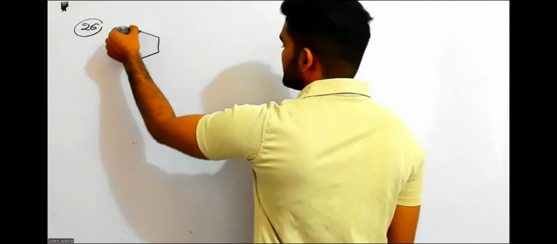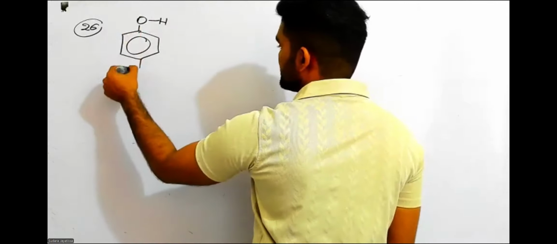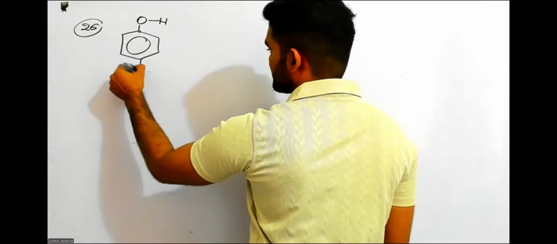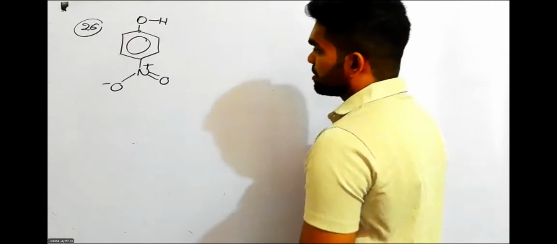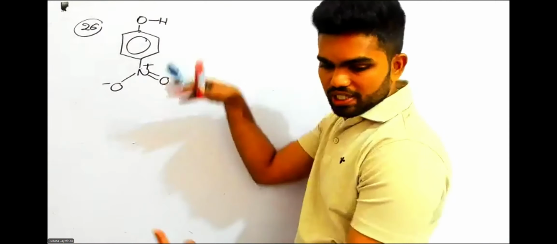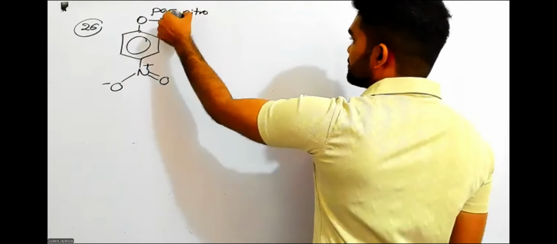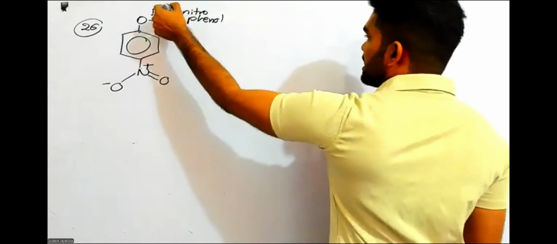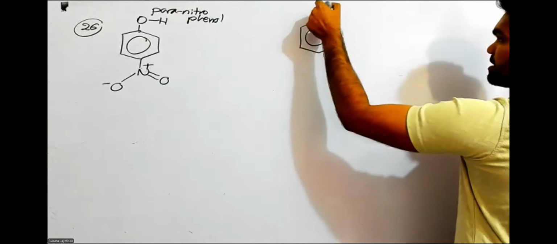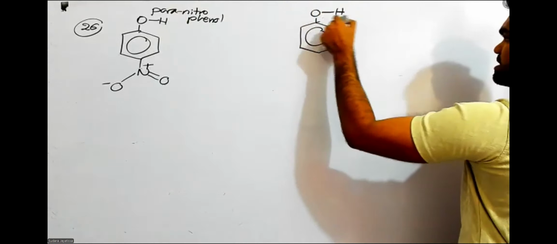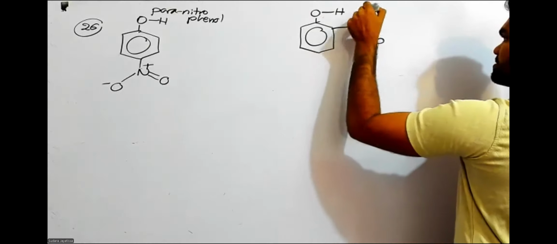So nitrophenol, this is paranitrophenol. Paranitrophenol means the NO2 and OH groups are there on opposite sides. And orthonitrophenol is where the OH group and this NO2 group are adjacent to each other.